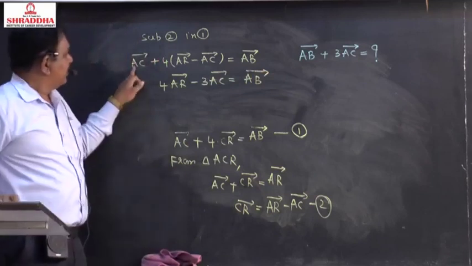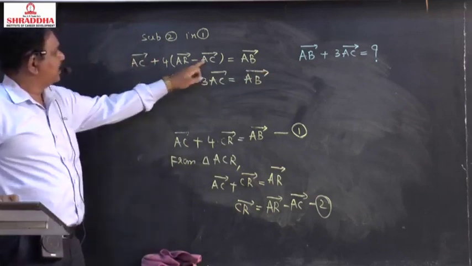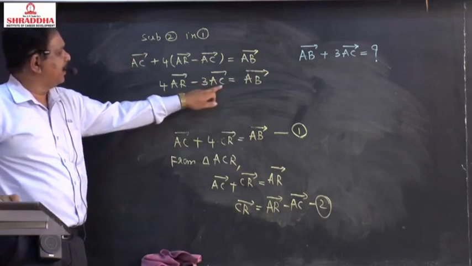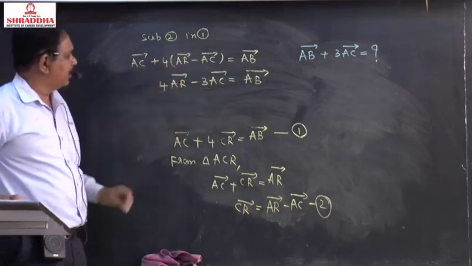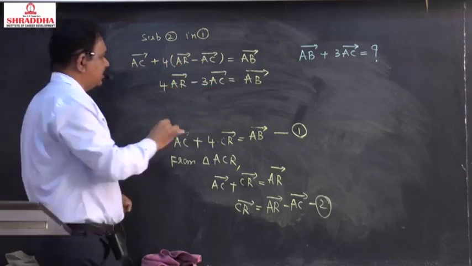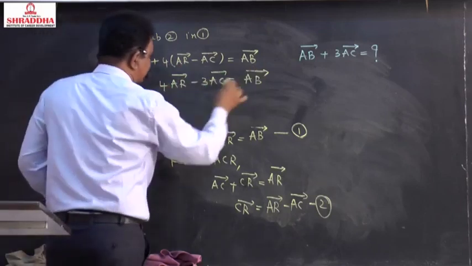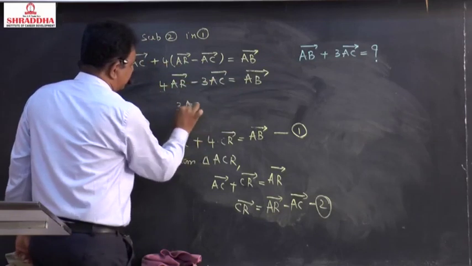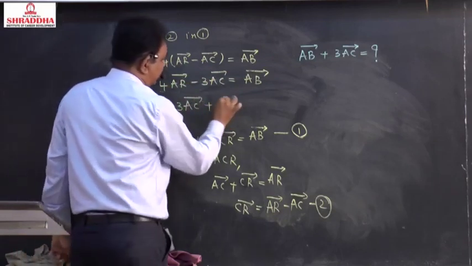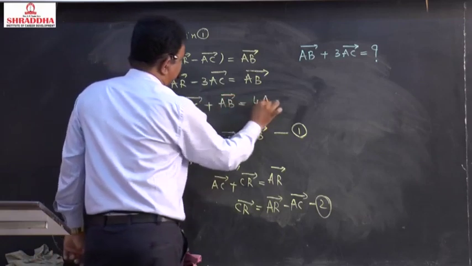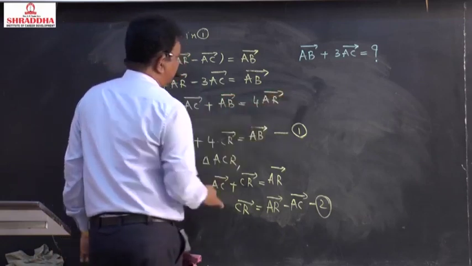Clear? AC bar minus 4 AC bar means minus 3 AC bar. 4 AR bar here I wrote. Then I am bringing this one to that side. Then 3 AC bar plus AB bar is equal to 4 AR bar.